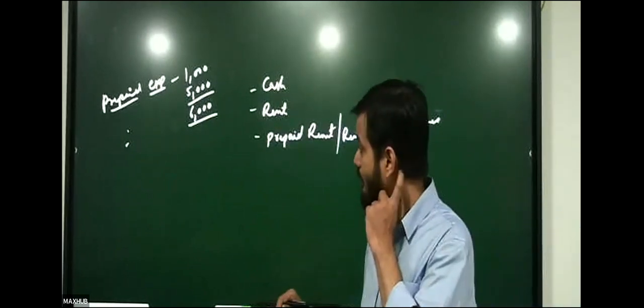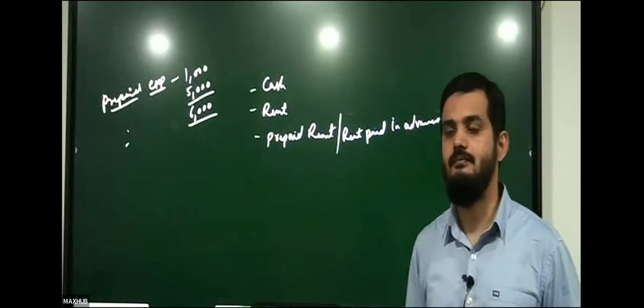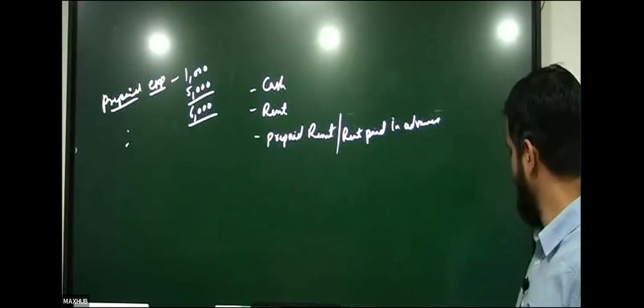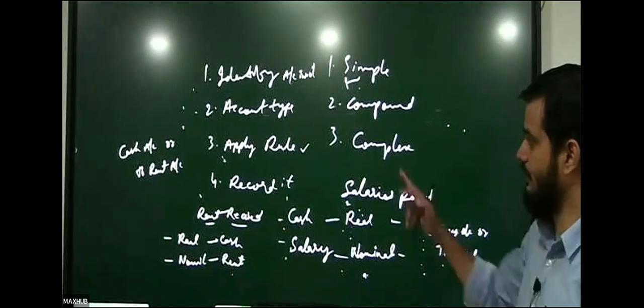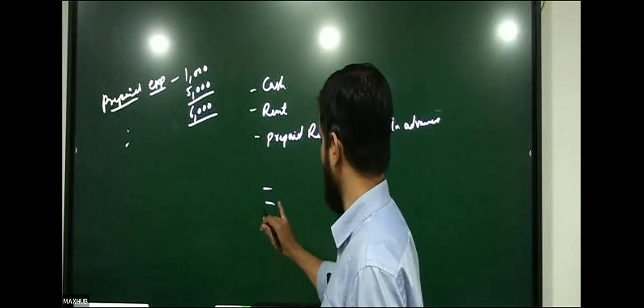What is the second step? The first one was identify the account. Now the accounting type. I'll write it here in order.